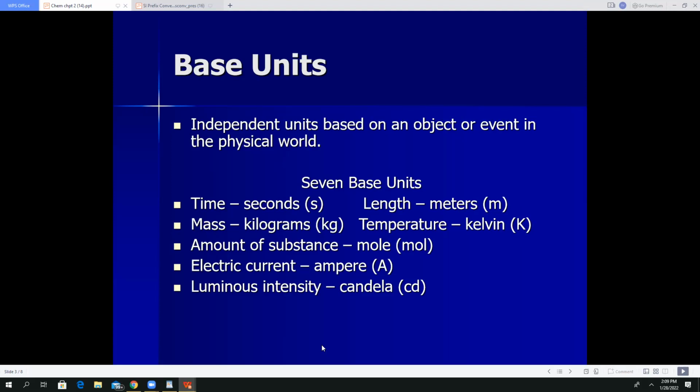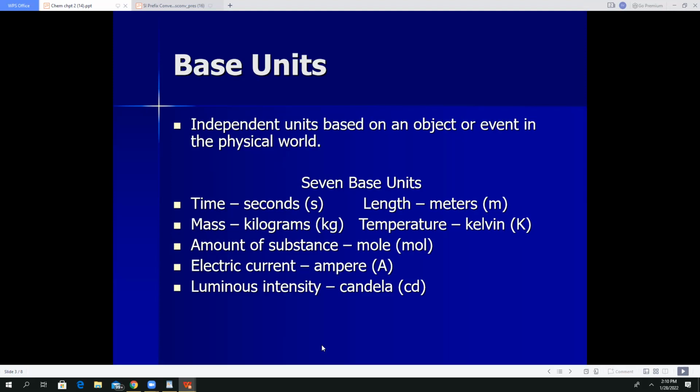Length, meters, that's what we use. And temperature is Kelvin. It's not Celsius. Most people think it's Celsius, but the metric system is Kelvin.